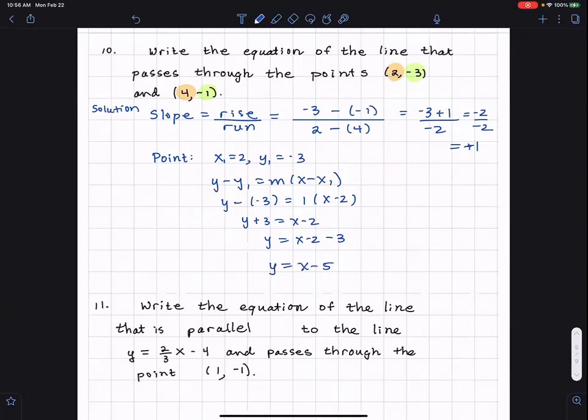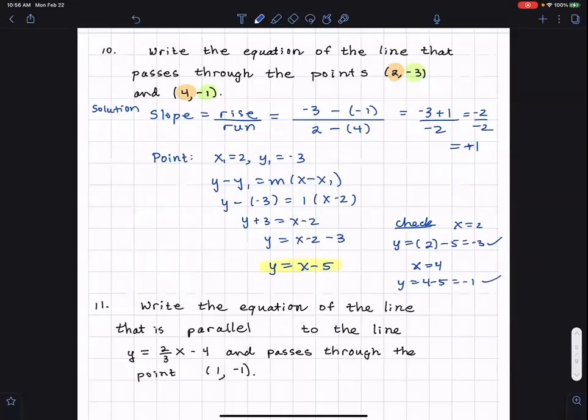Why don't I not be super lazy and do a check. If I put x equal to 2, y equals 2 minus 5 equals negative 3. Check, it works. How about if I put x is 4? Y equals 4 minus 5 equals negative 1.